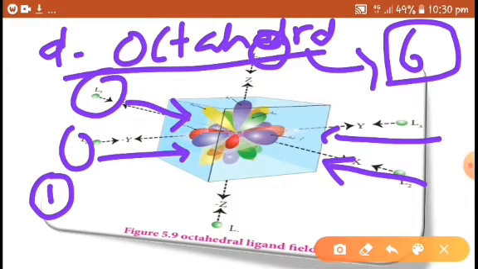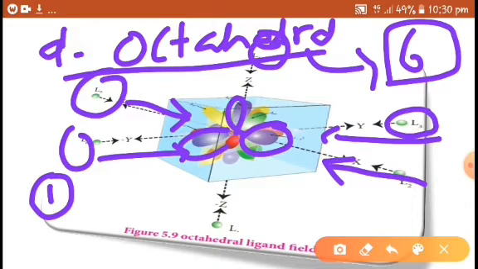The d orbitals which lie along the axis are increased in their energy because their lobes are directed towards these ligands. So there will be a repulsion between these orbitals which lie along the axis.